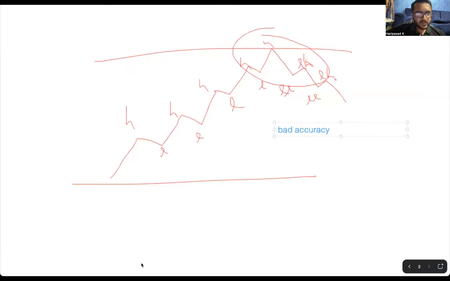Simply because in reversal trading, you are in general trading against the overall trend. Whatever the overall trend is, you're basically trading against it. So that is the reason you generally get bad accuracy.